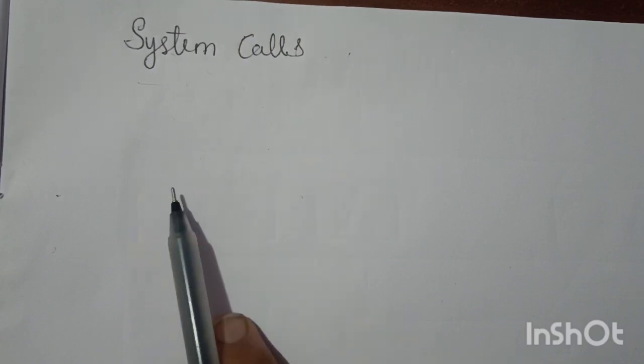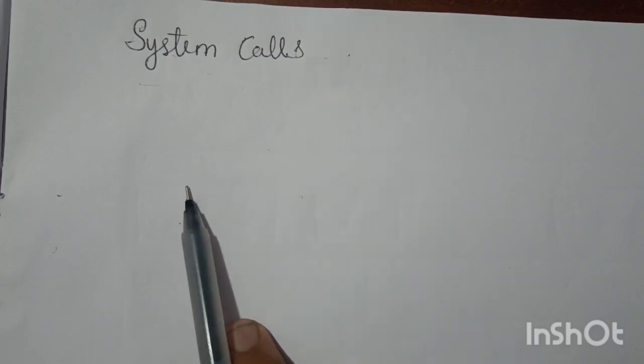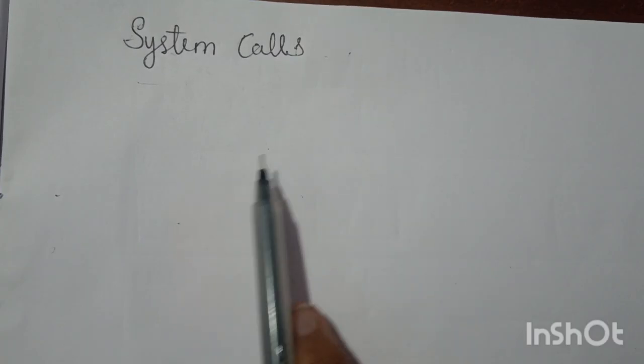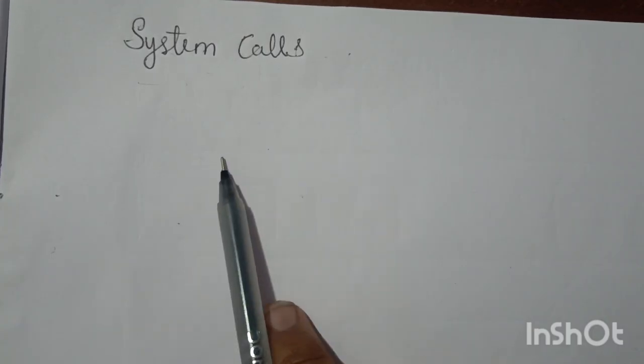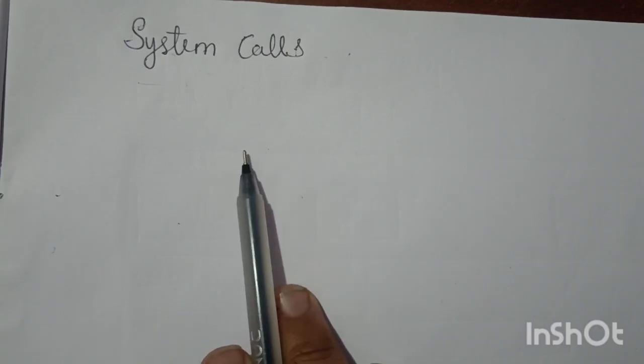While you were reading a novel, your mom calls you and tells you to do some work, some task is being given to you. So that interrupt or that call which is made is called a system call.